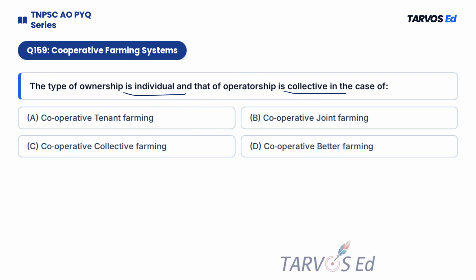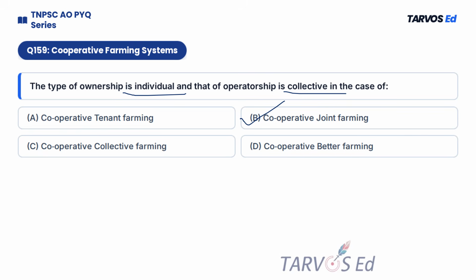Option A, cooperative tenant farming; B, cooperative joint farming; option C, cooperative collective farming; option D, cooperative better farming. So the correct option will be option B, cooperative joint farming.